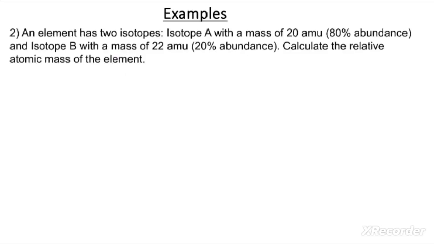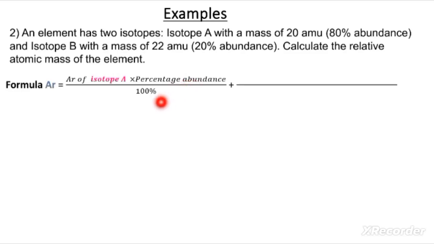To calculate the relative atomic mass of the element, the first thing we are going to do is write the formula. Relative atomic mass is equal to the mass of isotope A times percentage abundance over 100% plus the mass of isotope B times percentage abundance divided by 100%.